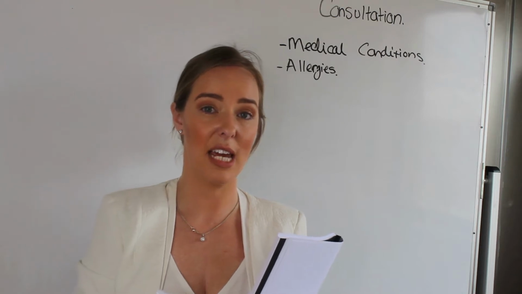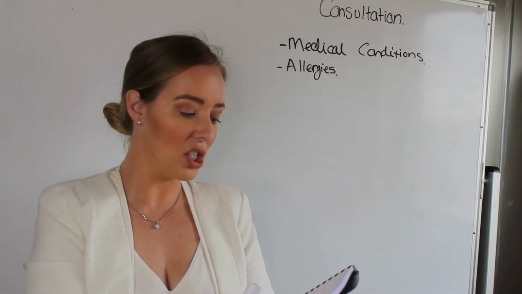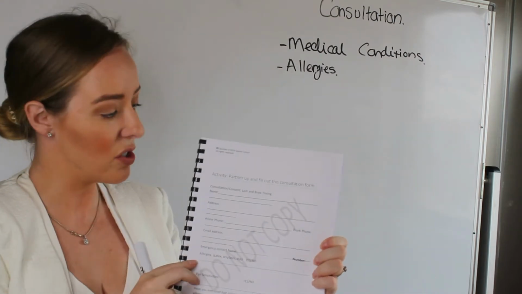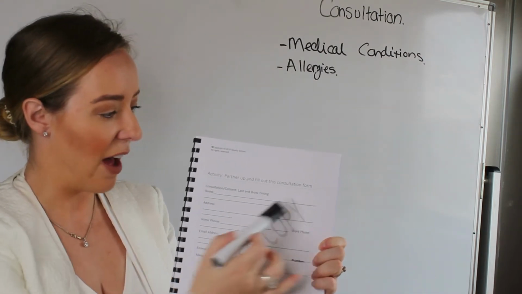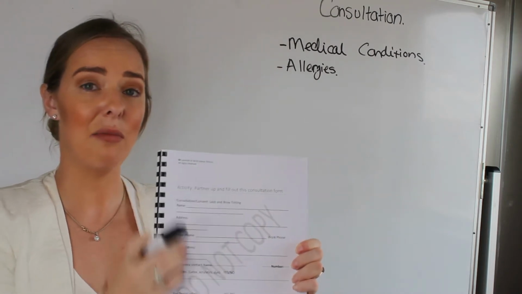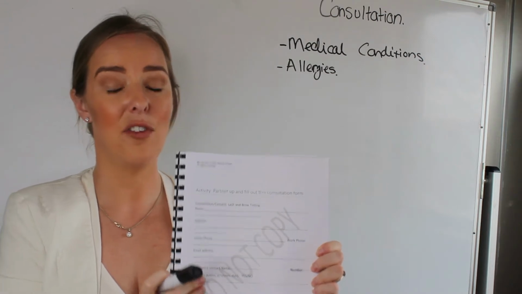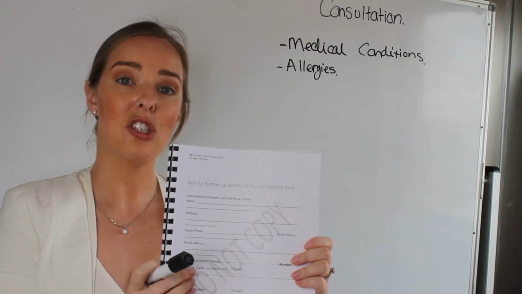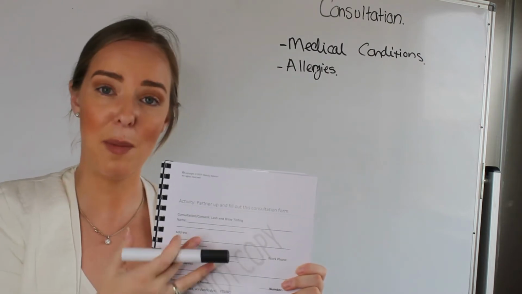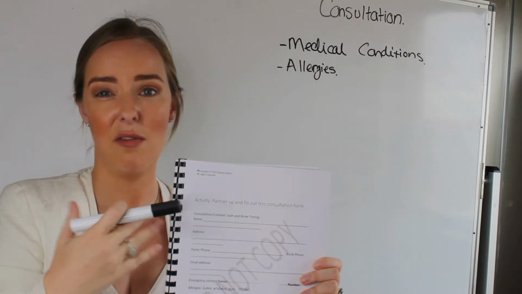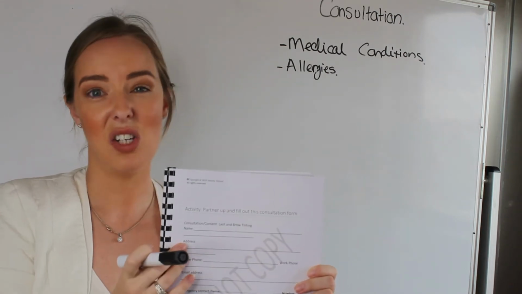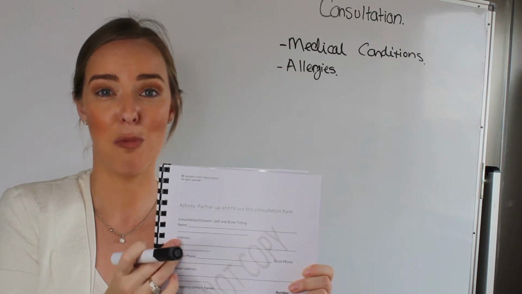So that's your consultation. I've got a consultation form here that might look a little bit like this. You'll have your client's information just at the top. It's really important to let them fill that section out instead of you writing it for them, because some clients' names might be difficult to spell, whereas they will know all this information inside out and can fill that out very easily. At this stage, I will generally let the client know that I'm going to wash my hands.